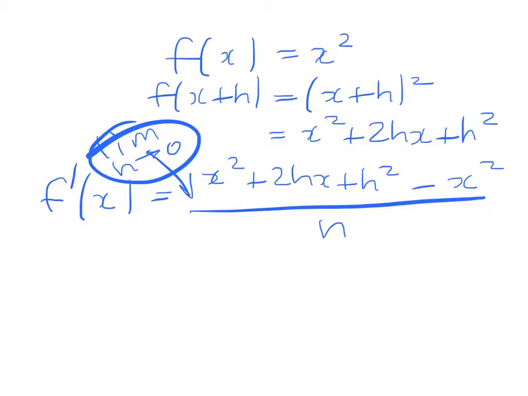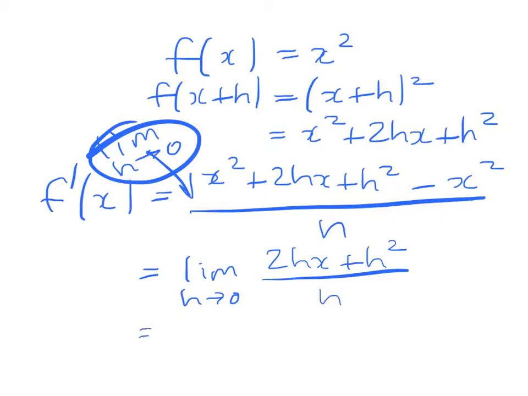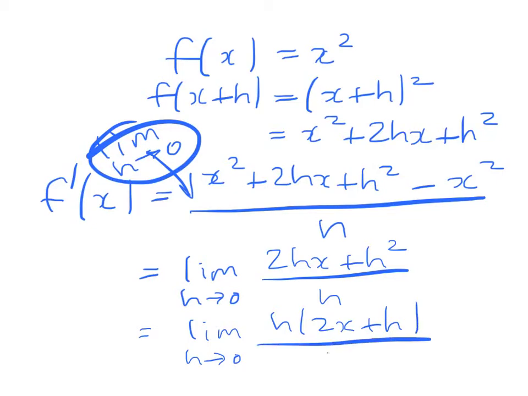So the limit as h tends to 0: in the top line the x squared cancels out, leaving 2hx plus h squared, over h. You can probably see what we're going to be doing here, a bit of factorising on the top line: h times (2x plus h), over h.